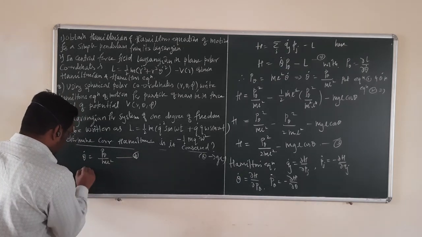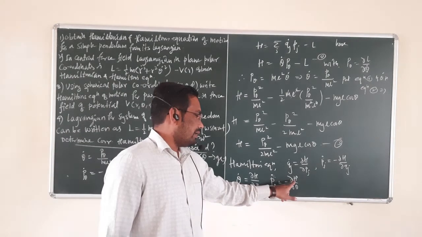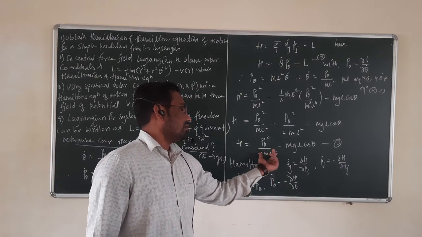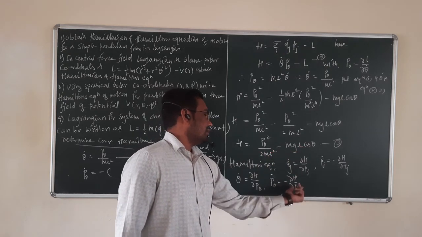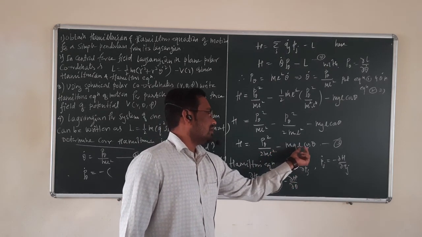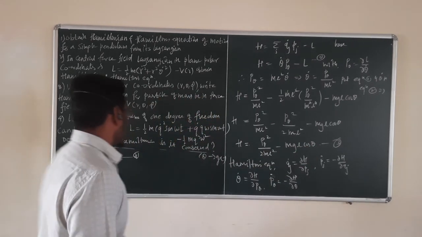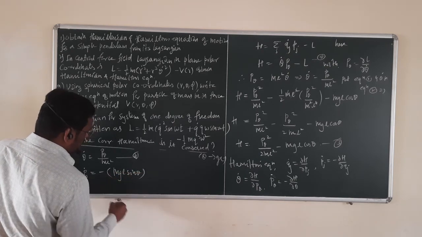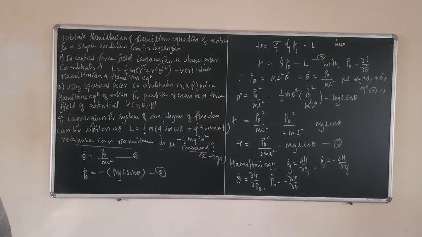And ṗθ is equal to minus the partial derivative of the Hamiltonian with respect to θ. This term has derivative 0 with respect to θ, and the derivative of the other term is mgl times the derivative of cos, which carries a minus sign. So ṗθ is minus mgl sin θ. Equations 4 and 5 are Hamilton's equations for the simple pendulum.